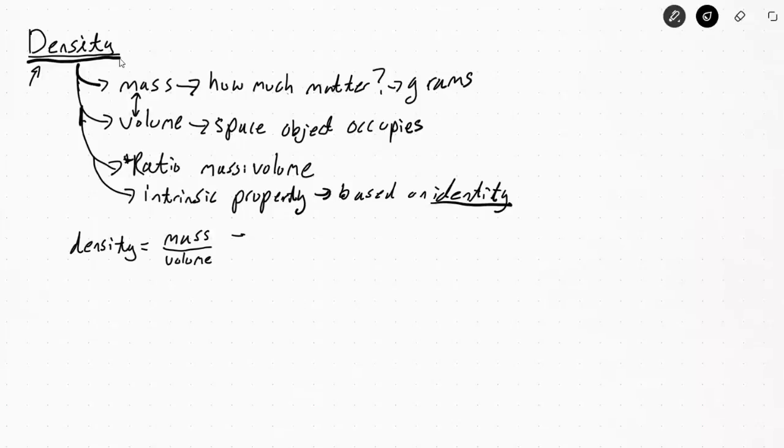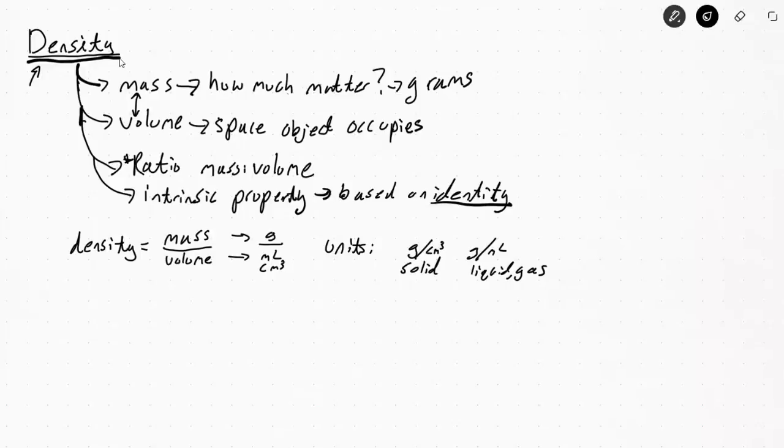Typically, again, you'll see the masses are in grams, and you'll see the volumes are in either milliliters or sometimes centimeters cubed, which means that our units for density are usually either grams per centimeter cubed or grams per milliliter. Typically, if it's a solid, we're talking about centimeters cubed. If it's a liquid or a gas, we're talking about grams per milliliter.